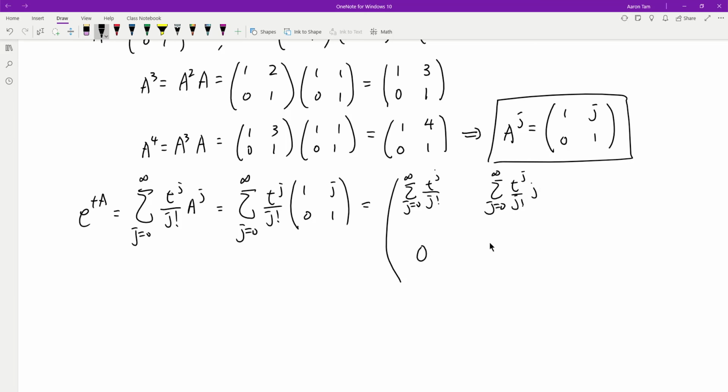This one will be 0 regardless of what we do. This one will be j from 0 to infinity, t to the j over j factorial. So now it's just a matter of figuring out what all these summations actually converge to. So first I notice that these two will just directly converge to e to the t.